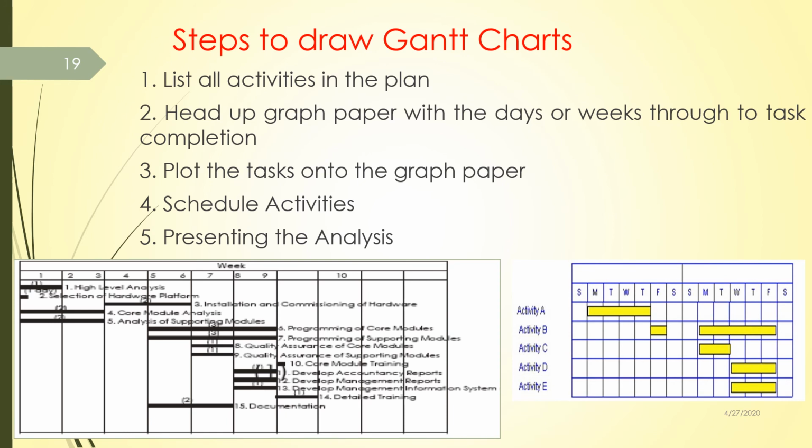Here in this figure you can see the proforma given for the Gantt chart, in which a number of activities like A, B, C, D and E are shown, and with respect to these activities, days are mentioned. Say a project is 2 weeks long, then activity A is performed in the first 4 days.